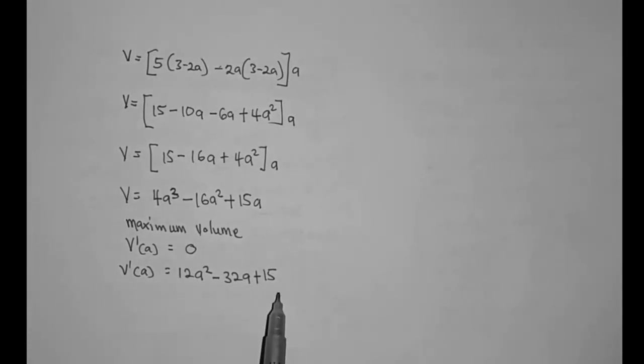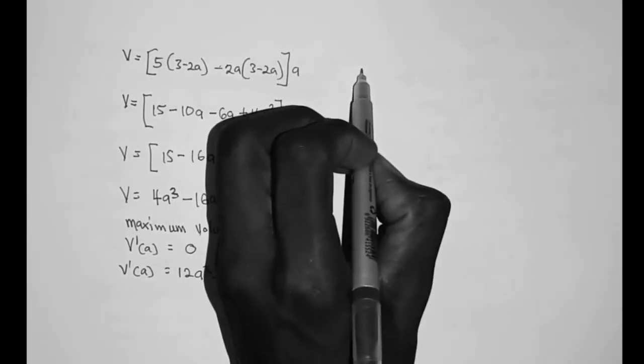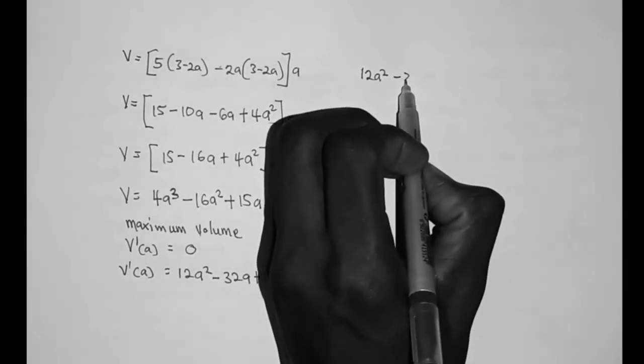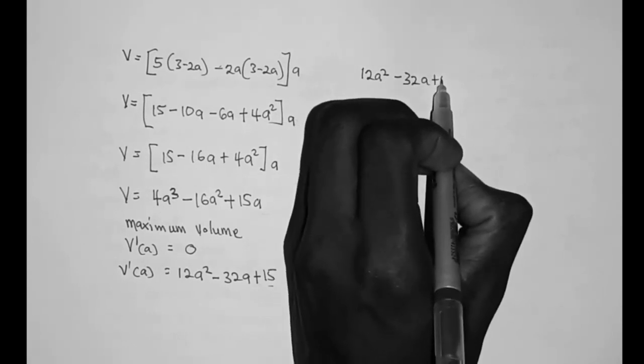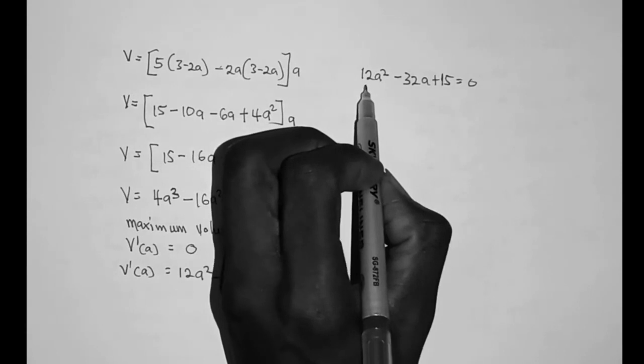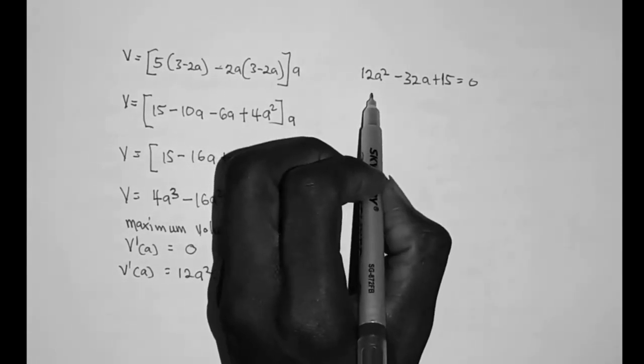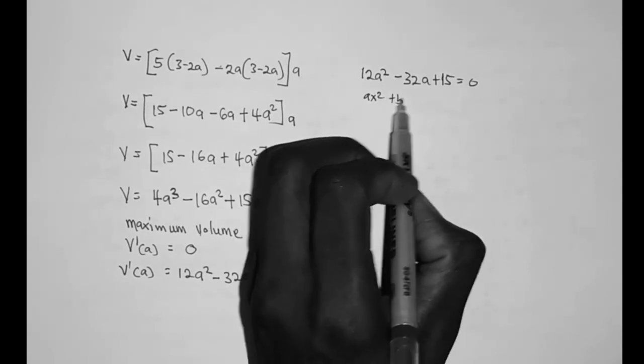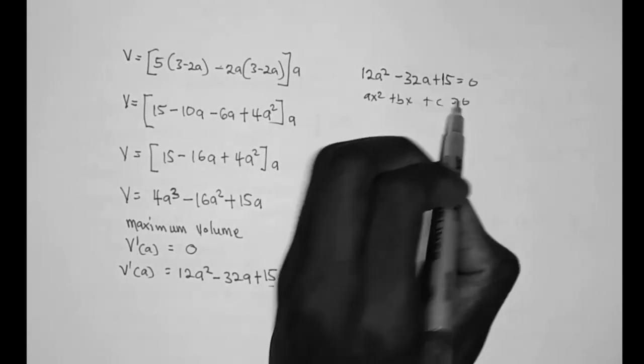So this is V prime of A. But because we are looking for maximum volume, we will equate it to 0. So we get 12A squared minus 32A plus 15 is equal to 0. You see that this equation is of the form ax squared plus bx plus c equals 0.